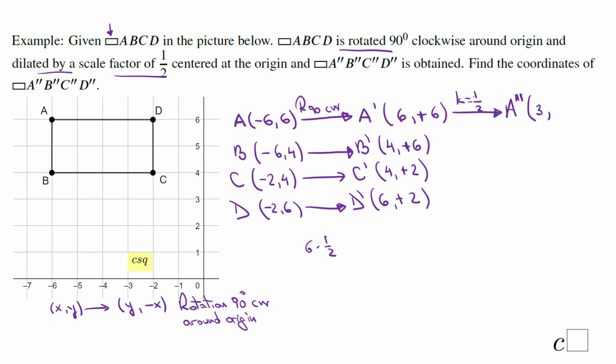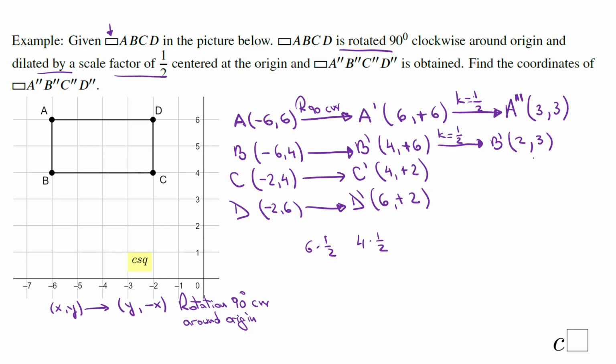The same thing here, 6 times 2, 12. Let's move to point B prime. We dilate it by a scale factor of 2, so we have 4 times 2, 4 times 2, that is 8. Then we have 6 times 2, that is 12.